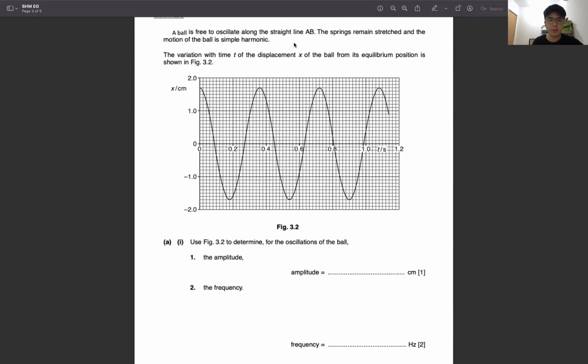The ball is free to oscillate along the straight line AB. The spring remains stretched, and the motion of the ball is simple harmonic. All right, use the figure to find the amplitude and the frequency.